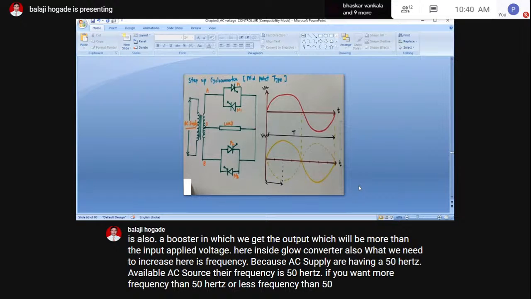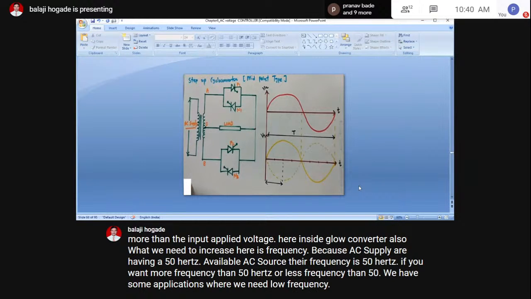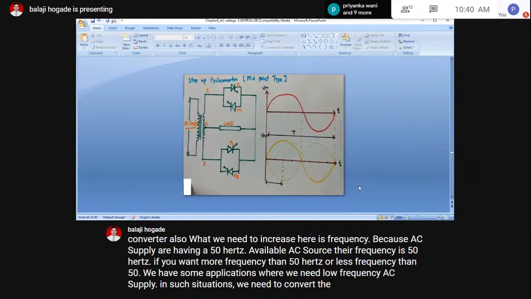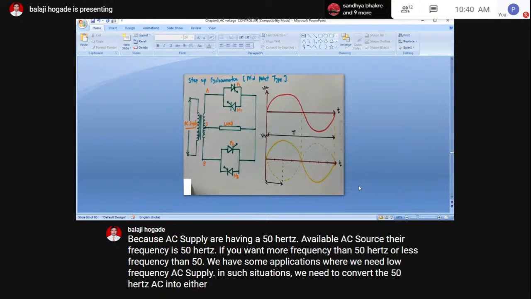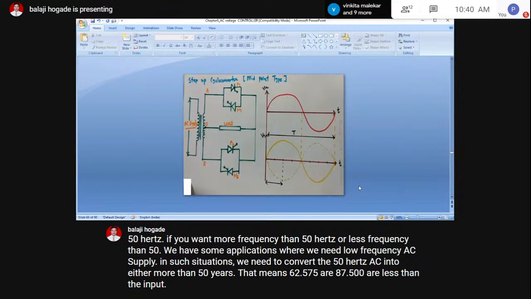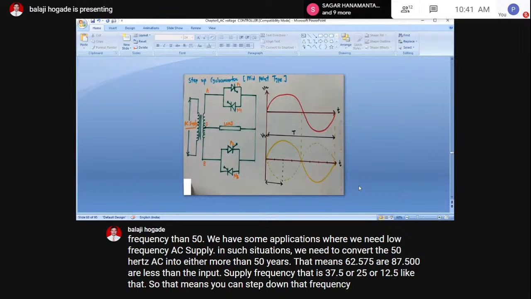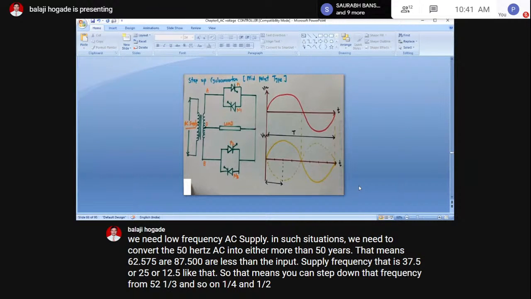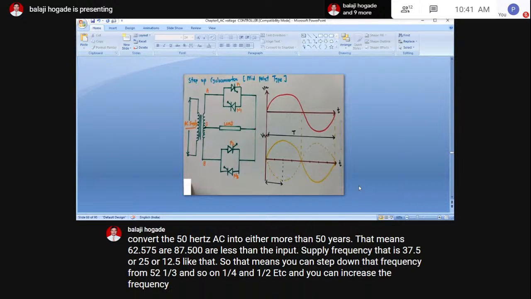If we have applications where we need more or less than 50 hertz, we need to convert the 50 hertz AC into more than 50 hertz, that means 62.5, 75, 87.5, 100, or less than the input supply frequency, that is 37.5, 25, 12.5 and so on. So you can step down the frequency to one third, one fourth, one half, etc., and you can increase the frequency twice, thrice, four times, etc.